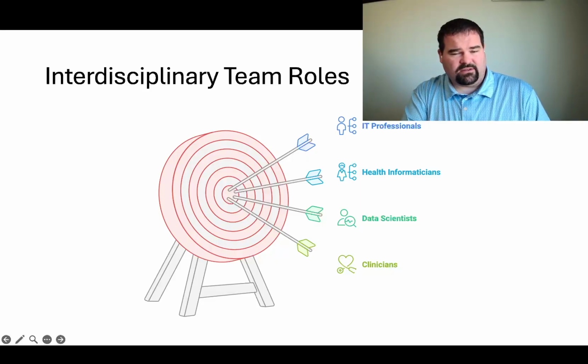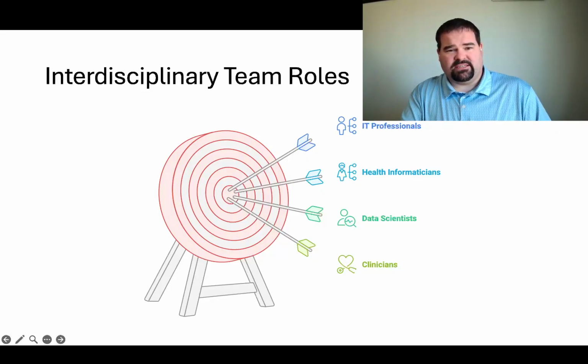One of the things that I did just want to mention is how much we need interdisciplinary work. We need teams who are working with large language models that are representing a number of different areas. Just like when we do a research study, we need people with different expertise.